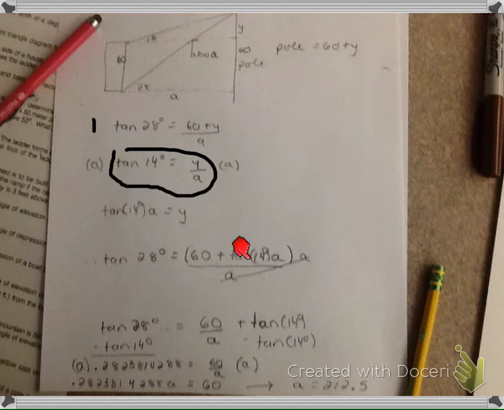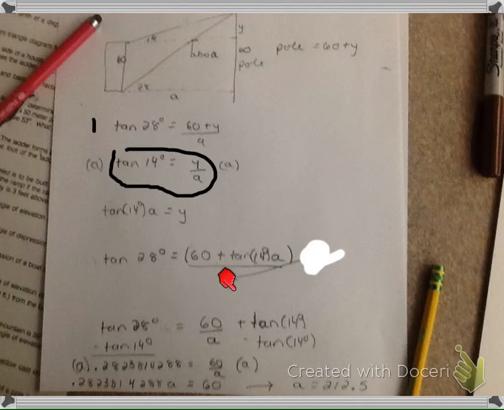Now I divided this a and this a out, and I'm going to fix something really fast. This should not be here. There we go. So going back, I divided this a by this a, which canceled. And that left me with the tan of 28, it's still there, equals 60 over a.